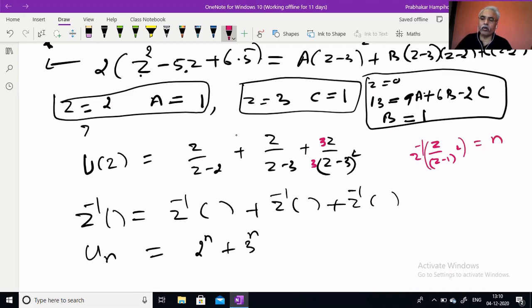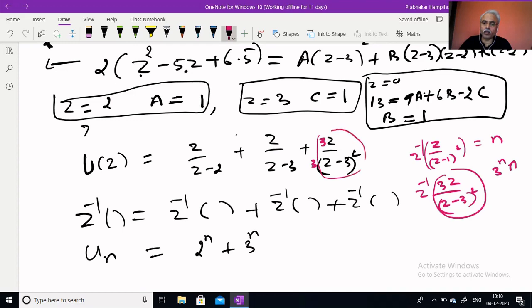But if I multiply by 3 raised to n into n, this becomes z inverse of 3z upon z minus 3 whole square, using the damping rule. To get this 3z, I have to multiply by 3 and 3, and this remaining part becomes 3 raised to n into n. So this is 1 by 3 times 3 raised to n into n; you should note that down.